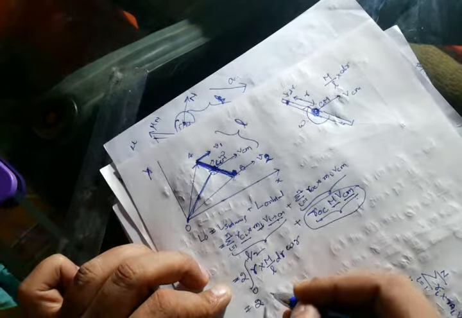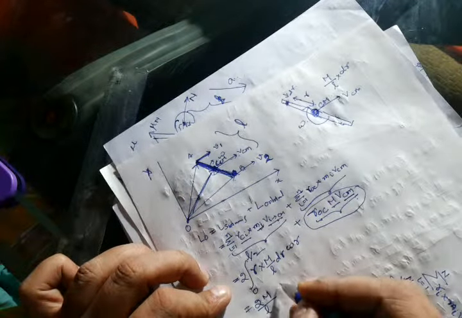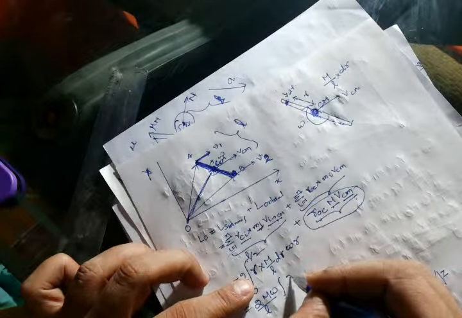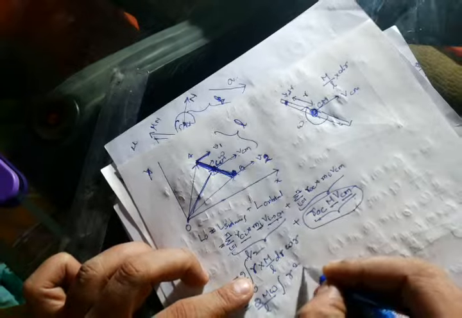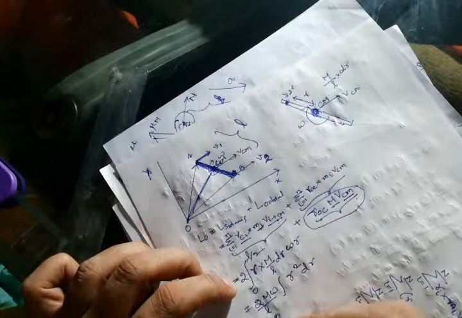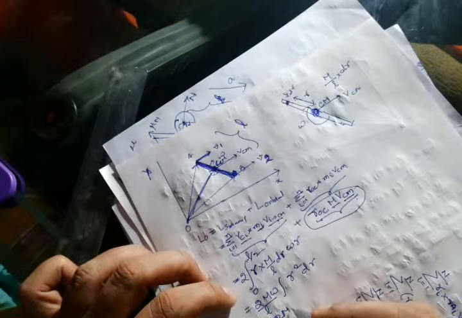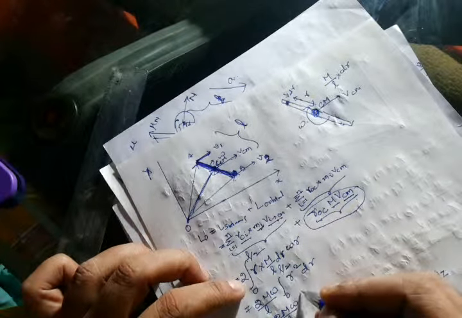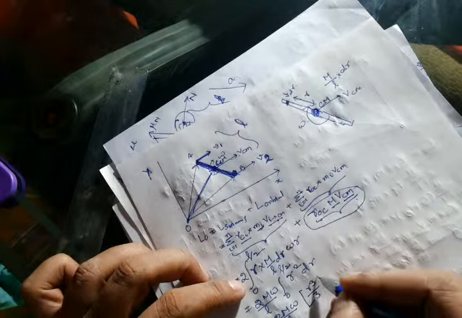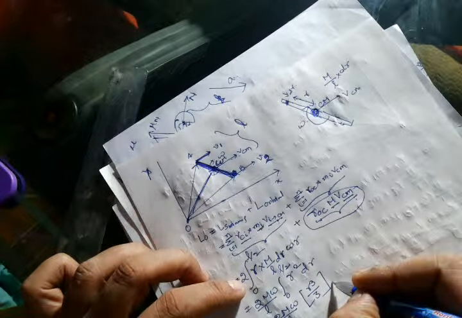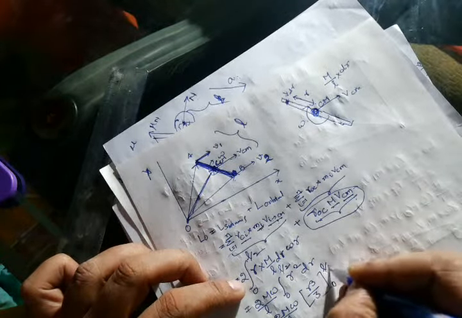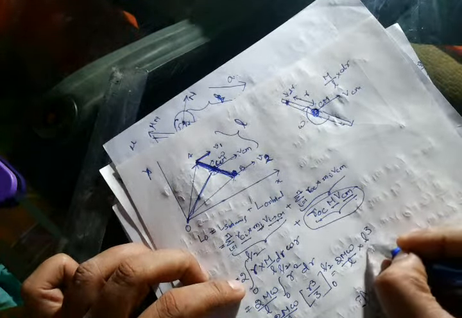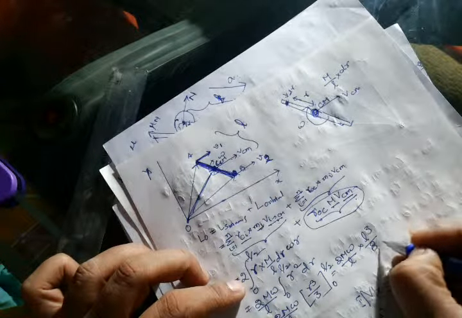So this will be twice m by l omega, and r square dr. 2m omega over L, and from 0 to L by 2, r cube over 3, and from 0 to L by 2, that will be 2m omega over L into L cube over 2 to the 4, to the 8, into 3.